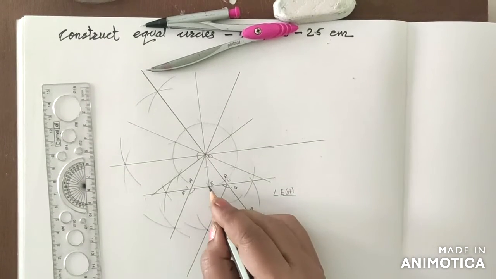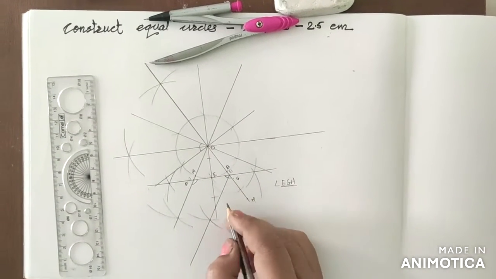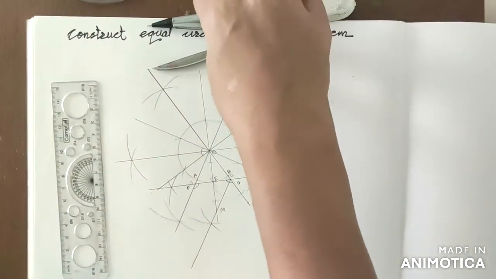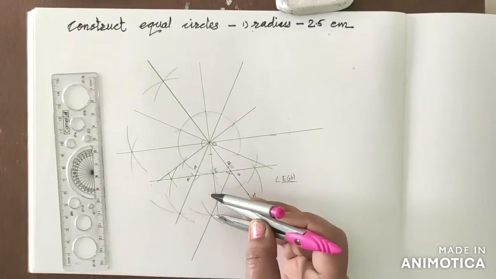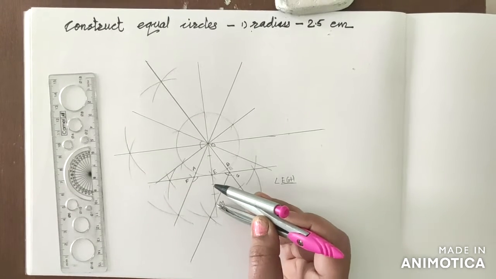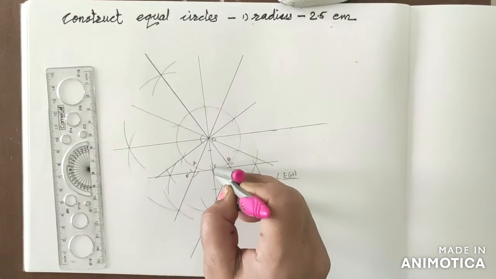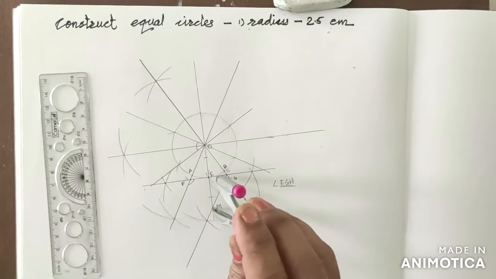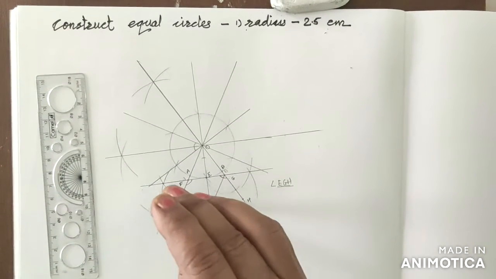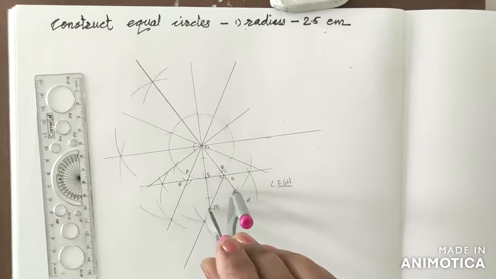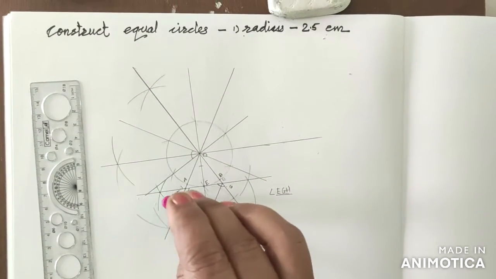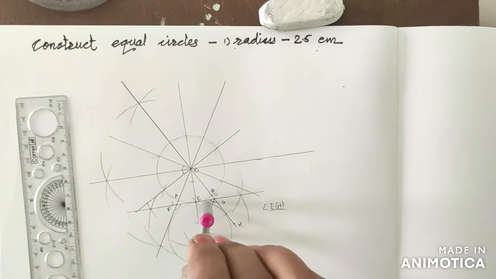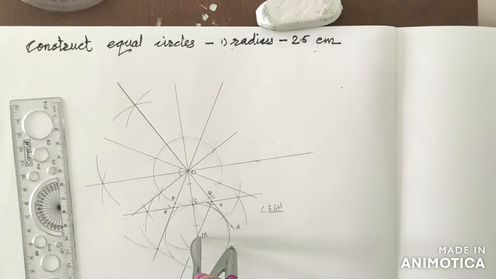And taking this much length, let's give a name M. Here it is. This much length. We can draw a circle.